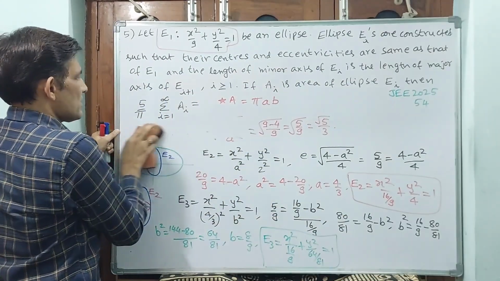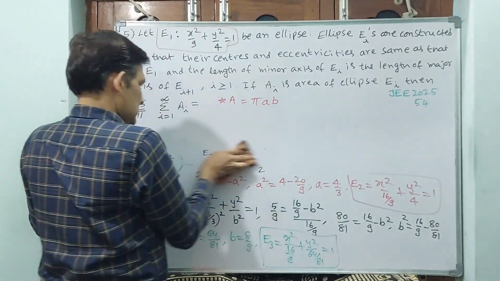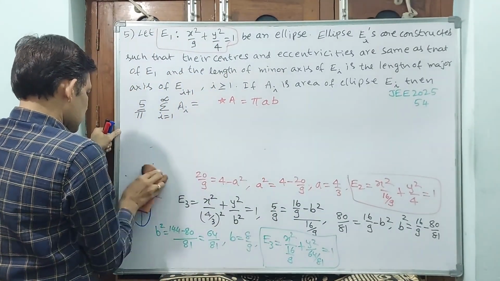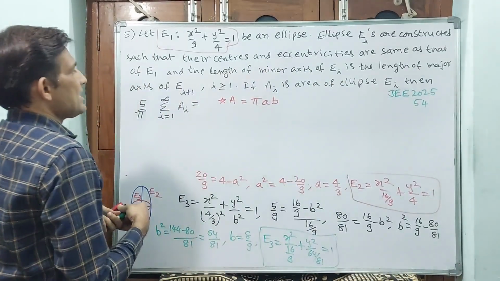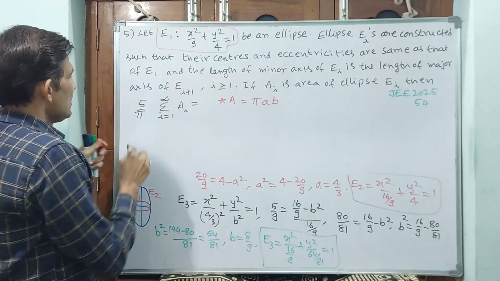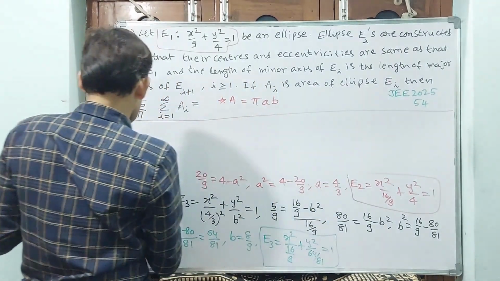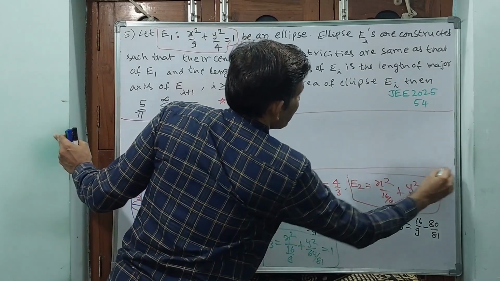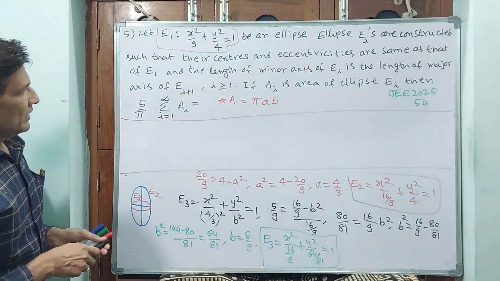Because this I don't require, this I don't require. Okay, this figure also I don't require. Area is equal to pi AB, that I want. See, I am putting some lines. I will try to solve within this. If not possible, then I am going to remove some more things.